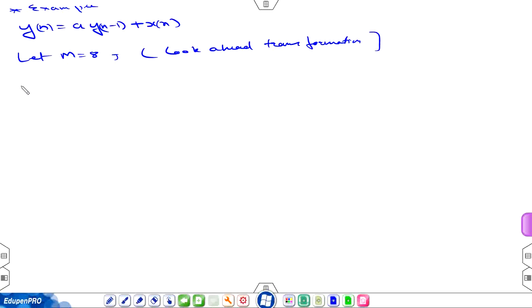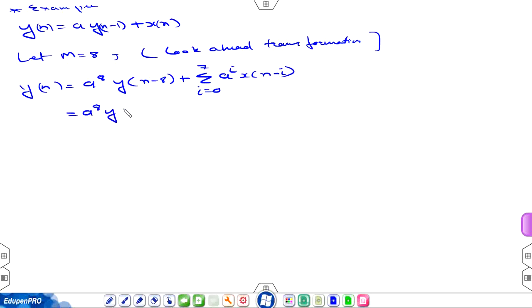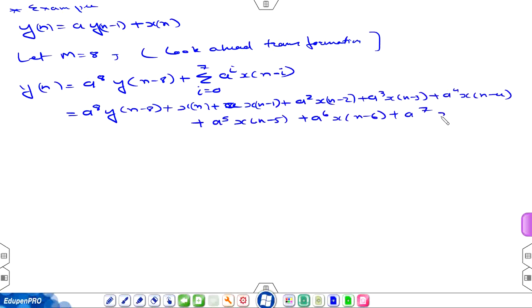So this equation will become y(n) equal to a^8 y(n-8) plus the summation from i equal to 0 to 7 of a^i x(n-i), and that is equal to a^8 y(n-8) plus x(n) plus a x(n-1) up to a^7 x(n-7).